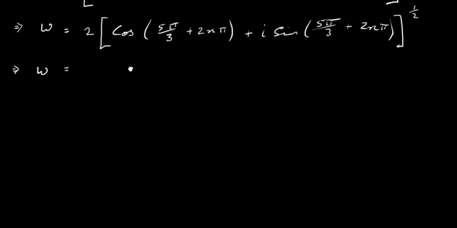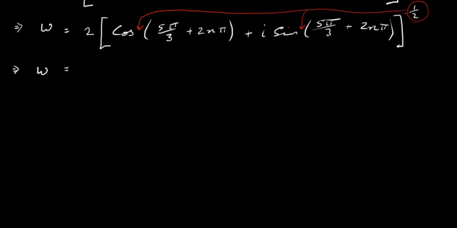Okay, so in order to do this, you're just going to use de Moivre's theorem. You're going to take the half and bring it down in front of the argument, in front of the angle, and multiply.